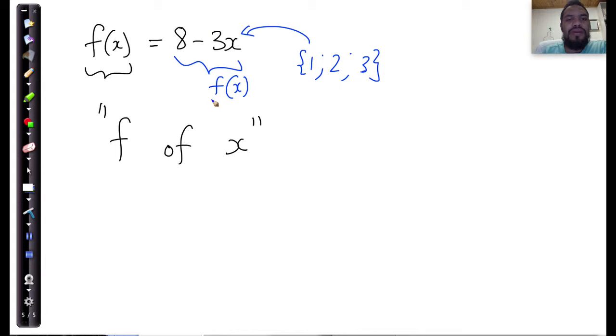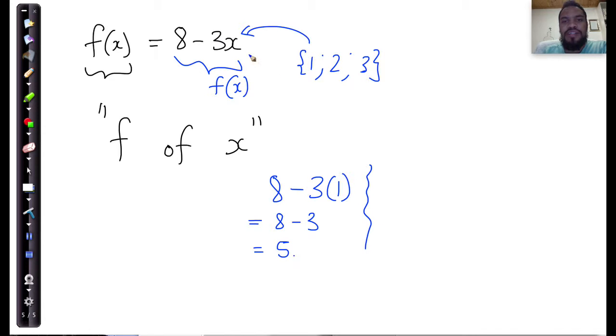If I evaluate this at 1, then it's 8 minus 3 times 1, which gives me 8 minus 3, which is equal to 5. If I evaluate that exact expression using 2, it's 8 minus 3 multiplied by 2, which is 8 minus 6, which is equal to 2, and so forth.